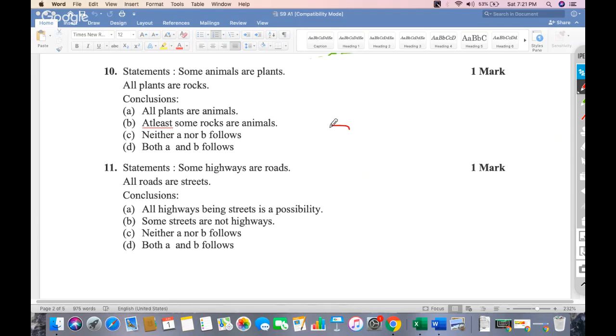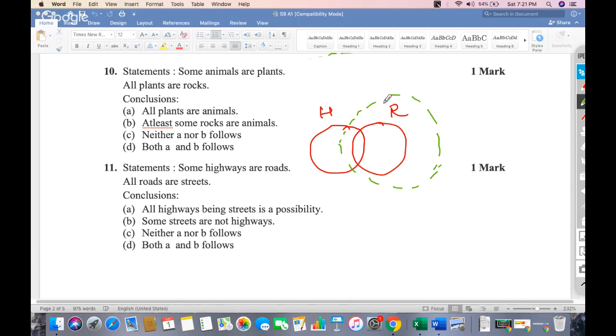Some highways are roads. Same question, highways and roads. And some roads are streets. So it can be something like this. So all highways being streets is a possibility, definitely. This is the condition in which all highways would be streets.